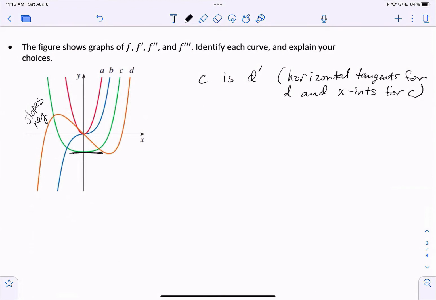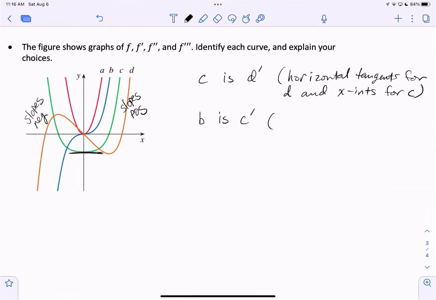And to the right of the y-axis, the slopes of the tangent lines for c are positive. And notice that b is such that to the left of the origin, its function values are negative, and to the right of the origin, its function values are positive. Therefore, I'm going to say that b is c prime.